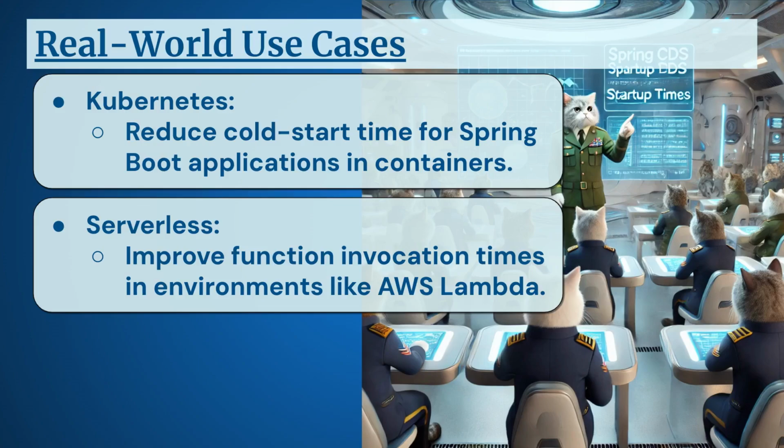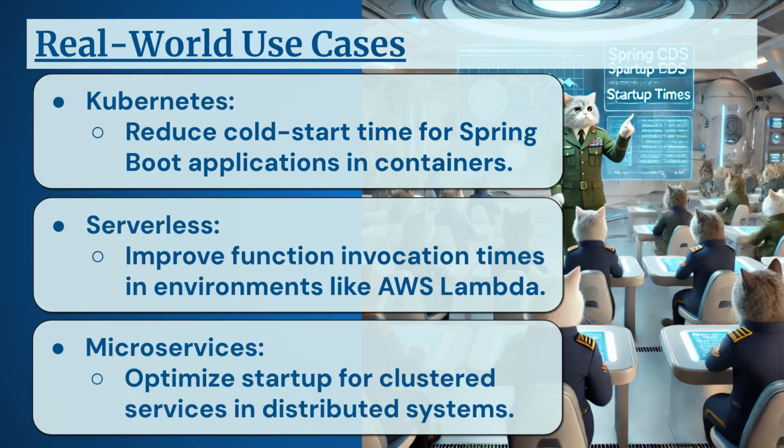They can improve the function invocation times in environments like AWS Lambda. If you don't know, AWS Lambda means Amazon Web Services Lambdas, which are functions essentially that we can run in an AWS environment, and we don't have to worry about the server, hence the name serverless. It's not the only kind, this is just to give an example.